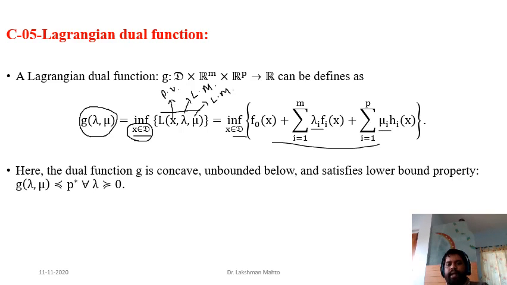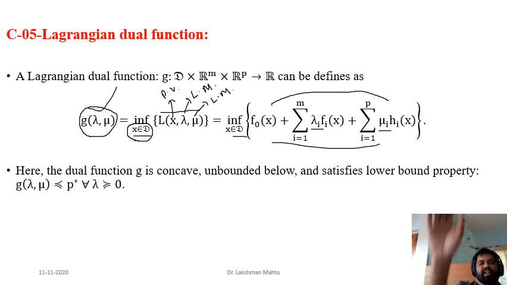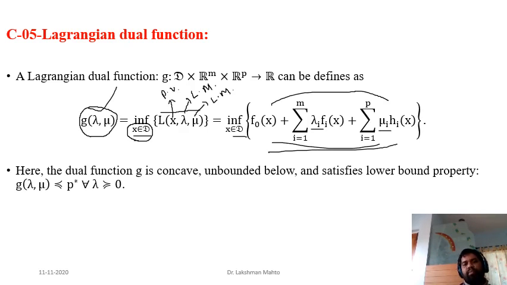Later we will see that x will be converted into lambda, and in that way some nonlinear components of lambda and mu will also come. But in actuality, it is a linear function of lambda and mu. And a linear function is always giving a concave pattern; it is convex as well as concave in nature.